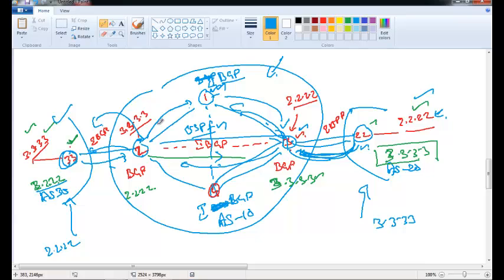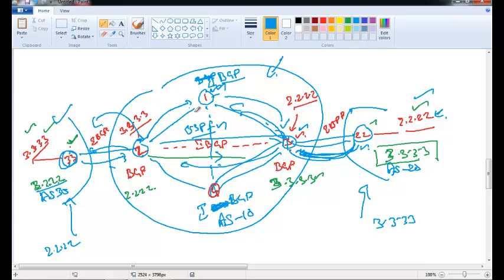It knows only cost. So when I redistribute BGP into OSPF, I lose all the attributes. It's not a good idea to redistribute from BGP to OSPF and OSPF to BGP. That also consumes a lot of processor when you redistribute from such a big protocol to a small protocol and back from small to big. Not really fair. So we have to enable BGP on all the routers in the path.